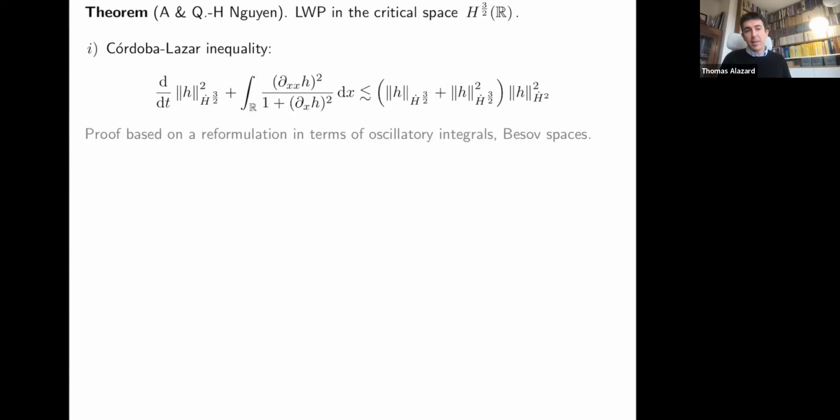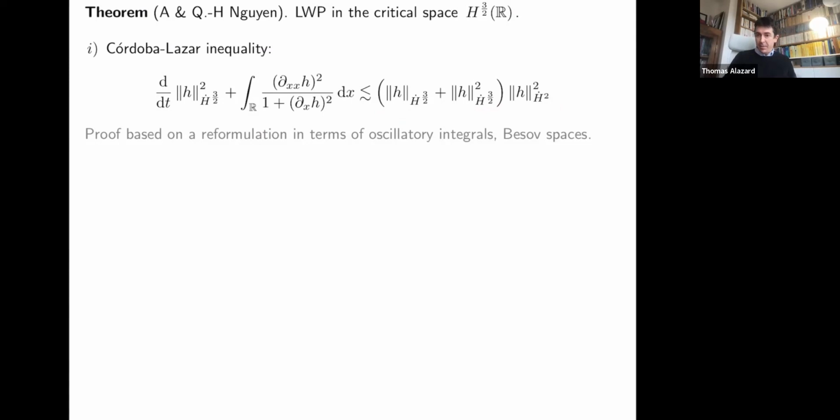Our proof relies on previous work by Diego Cordoba and Omar Lazar. They obtained a beautiful energy estimate of the following form. d over dt of the H^{3/2} norm plus the integral of (∂xx h divided by 1 plus ∂x h squared) is controlled by some quantity depending only on the H^{3/2} norm times the H^2 norm.